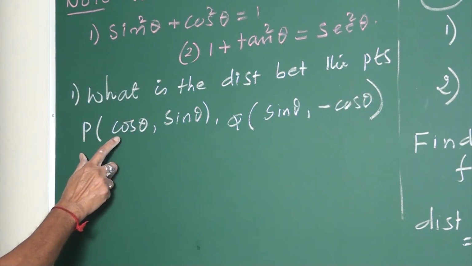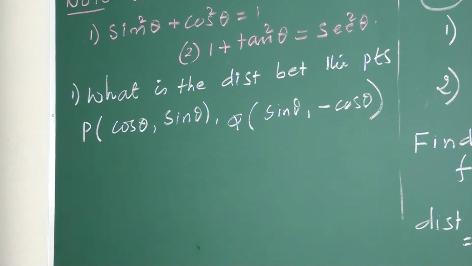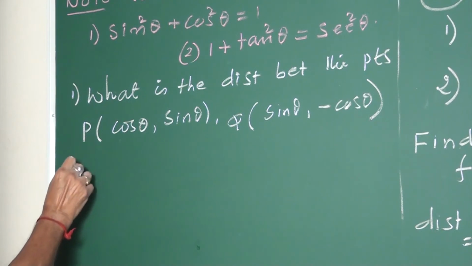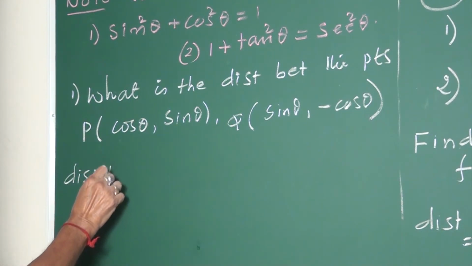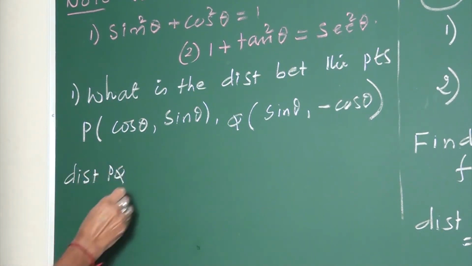Yes, these are trigonometric ratios, my friends. Now you want the distance PQ, the distance between the points P and Q.